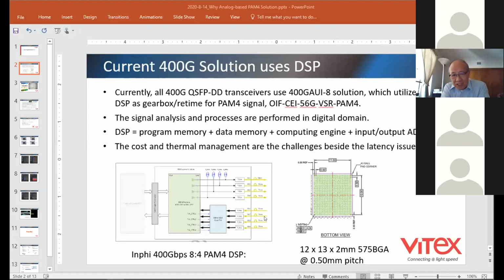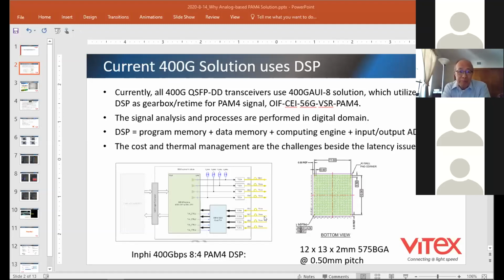As you can see, one of the typical DSPs used for 400G is about 12 by 13 millimeters by 2 millimeters. And you can see there are 575 ball BGA there, so the alignment has to be precise.